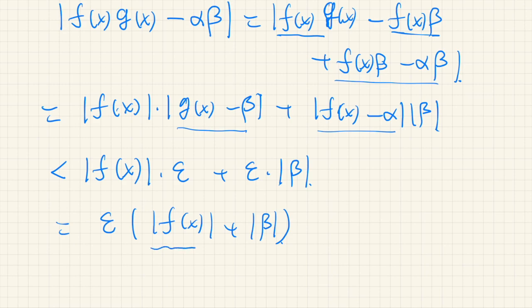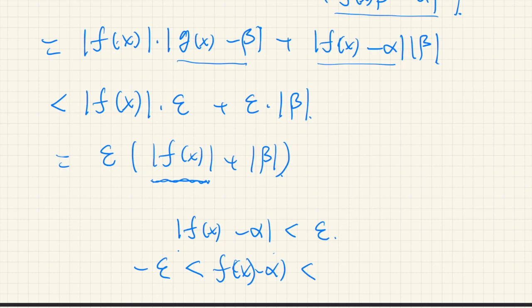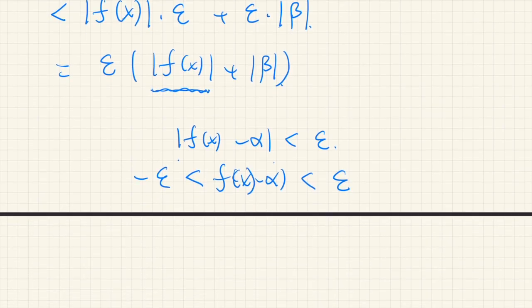Now we still have something that is moving here. We have f of x here, and we want to get rid of it. Because f of x converges to alpha, the absolute value of f of x minus alpha is less than epsilon. So that means f of x minus alpha is between negative epsilon and positive epsilon, which also means alpha minus epsilon is less than f of x, which is less than alpha plus epsilon.